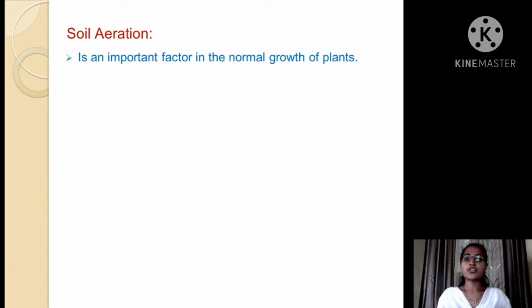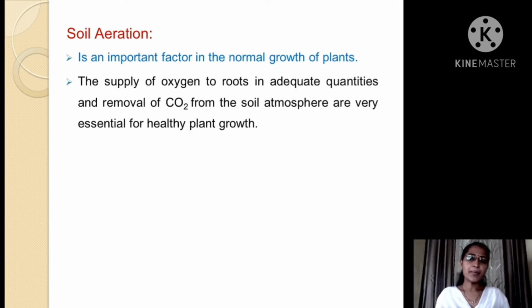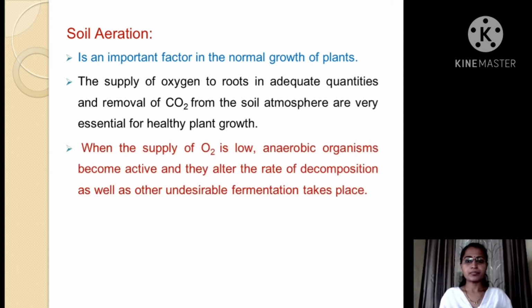Soil aeration is an important factor in the normal growth of plants. The supply of oxygen to roots in adequate quantities and removal of carbon dioxide from the soil atmosphere are very essential for healthy plant growth.